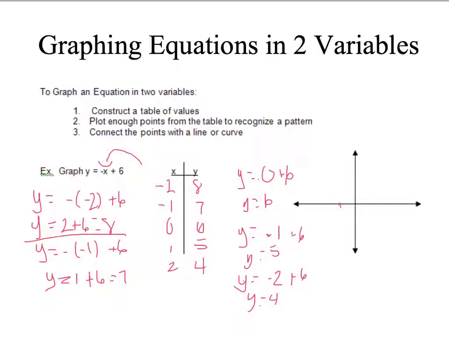Okay, so now I can graph that. 1, 2, 3, 4, 6, 7, 8. (Negative 2, 8) is way up here. Then (negative 1, 7) is here. (0, 6) here. And then (1, 5) is there.